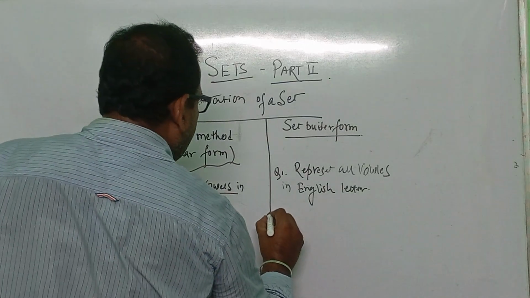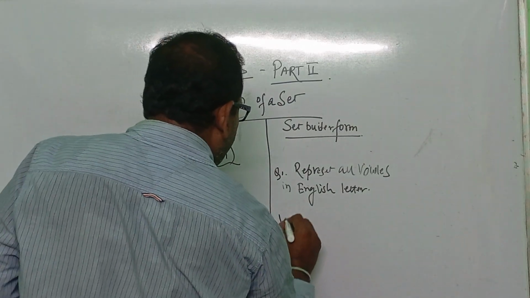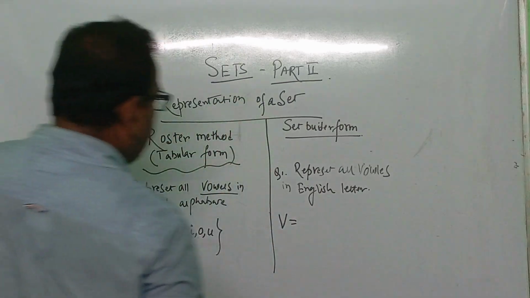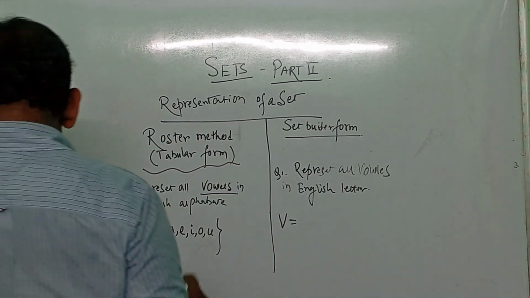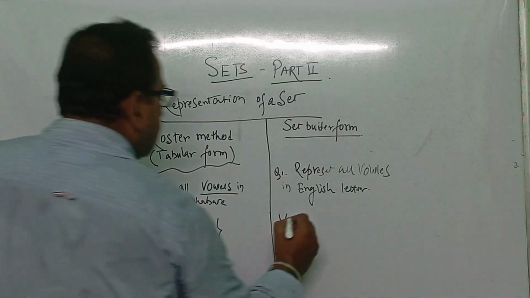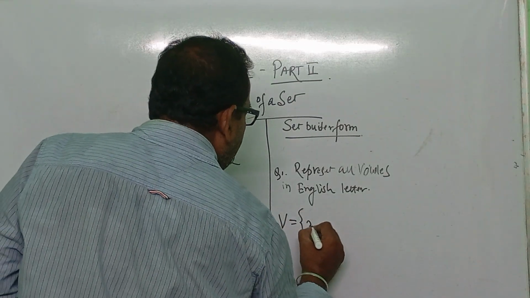The same thing: V is a set. Now where X is the element, how is that written?